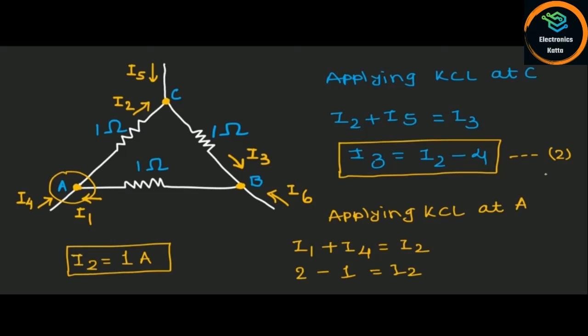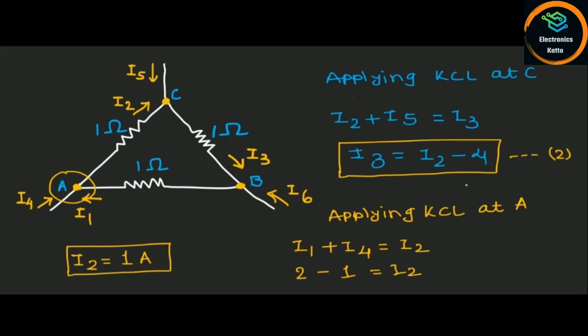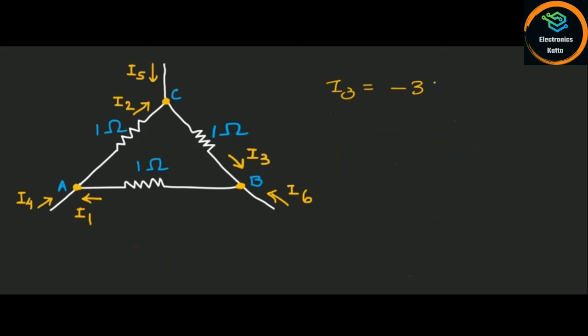Now as we know this current I2, we can substitute its value in equation number 2. So we will get I3 is equal to I2 minus 4, and I2 is 1 ampere. So I3 is equal to minus 3 ampere.